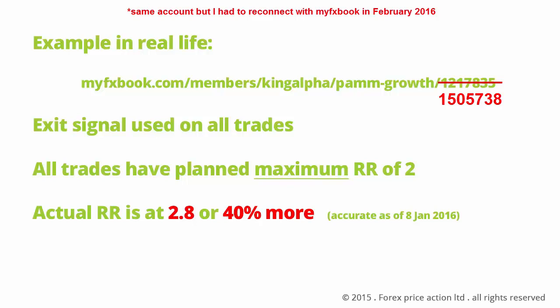This is achieved by exiting early out of trades that my analysis shows are likely to be losers. It's what I refer to as my exit signal. It's not always correct. However, the purpose of the exit signal is to improve my average reward-risk ratio, which it has been achieving.